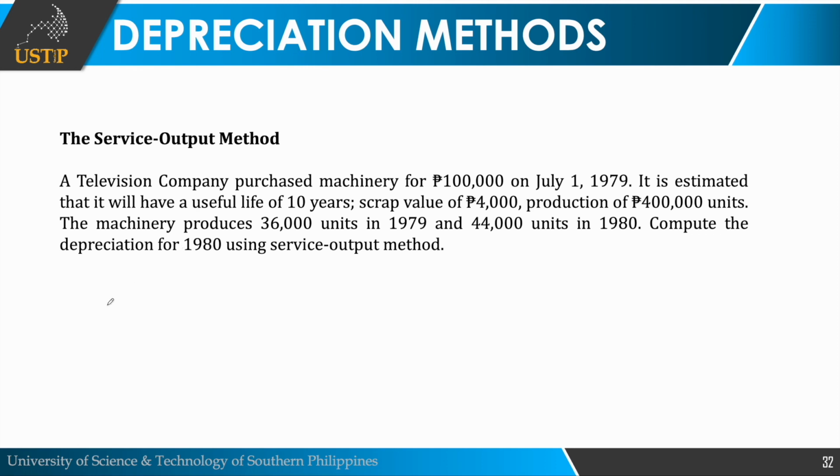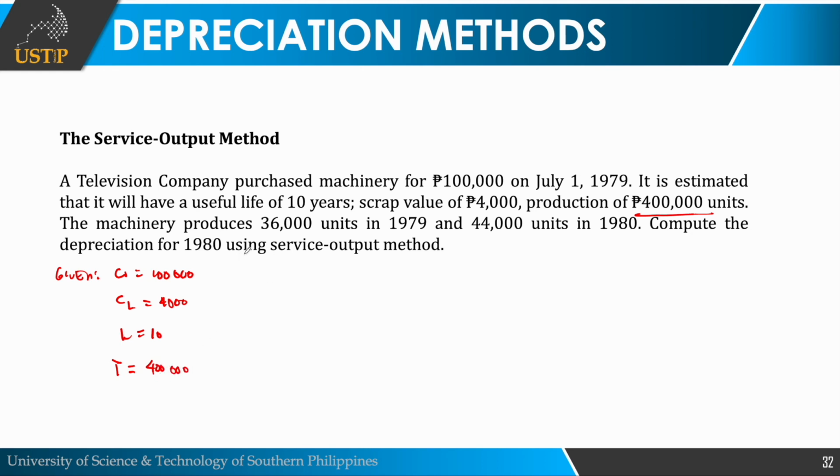The givens: the original cost is 100,000, the scrap value is 4,000, the useful life is 10 years, and T is the production of 400,000 units, the maximum units it can produce.